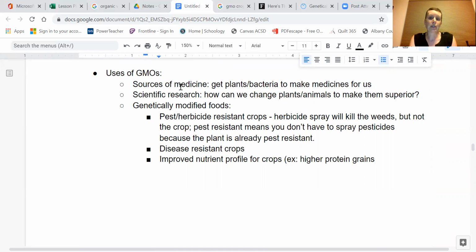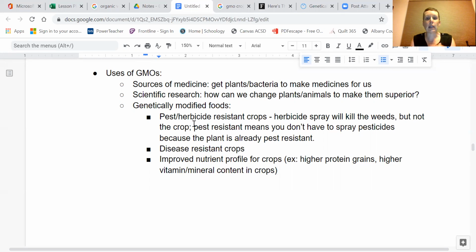And if you don't eat enough protein otherwise, then you could eat high protein grains and that would be beneficial to you, right? A higher vitamin or mineral content in crops. Okay, and I'm going to show you a very specific example of that one.